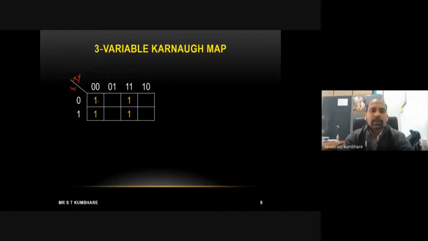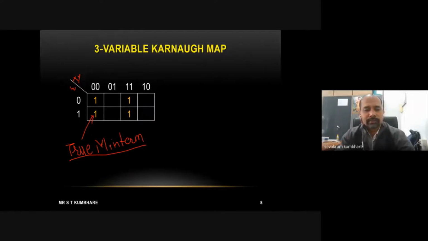Whatever 1s are shown in these cells, these are known as true minterms. Got it? Yes or no? Yes, sir. So wherever you find 1 in the cells, these are true minterms.